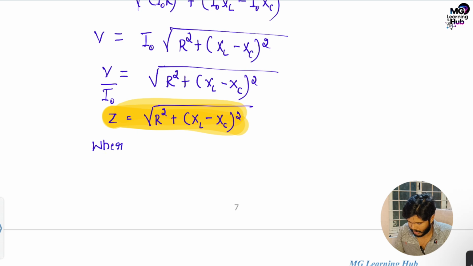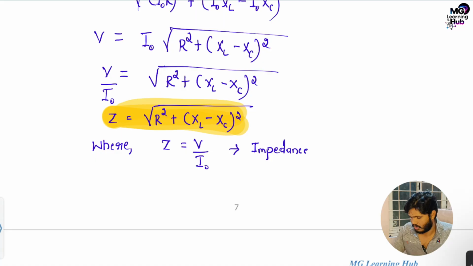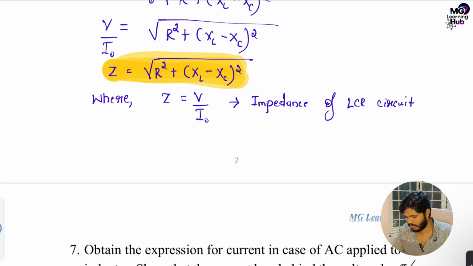We indicate Z as V by I naught. This is the impedance of the LCR circuit. Excellent.